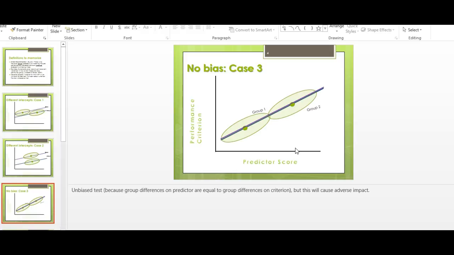Maybe you will think about ways to recruit people from this group who are more qualified for the role, so they're not scoring so low on the predictor and the criterion both. So I want to think about moving these scatter plots closer together if you can, and attracting, recruiting qualified applicants from both groups into the org.